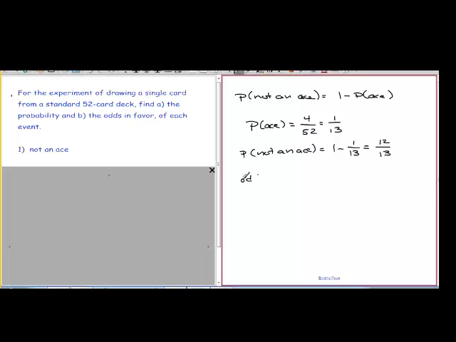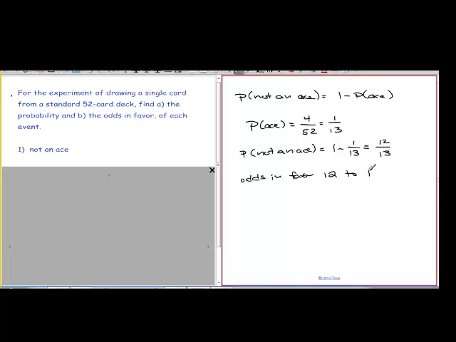So that's the probability. And odds in favor, you take the numerator and you say the numerator to the difference between the two. So it's 12 to 1. The odds in favor are 12 to 1.